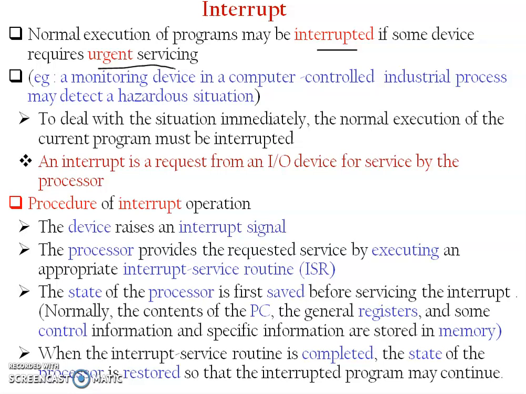For the time being, just understand that apart from this data transfer, that is, transfer of information in the form of instructions or data, there is another form of signal that can be transferred between these components, which is called the interrupt. Okay. So to deal with the situation immediately, the normal execution of the current program must be interrupted. So an interrupt is a request from an IO device for service by the processor.